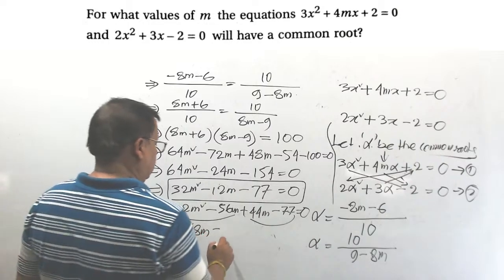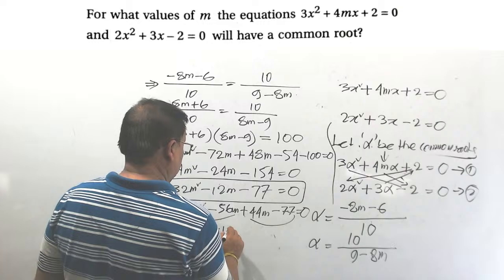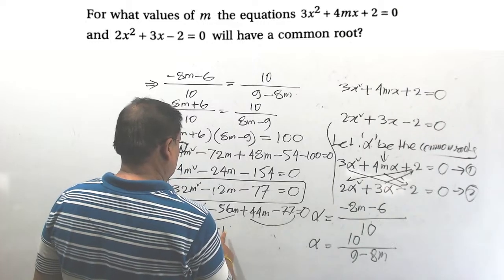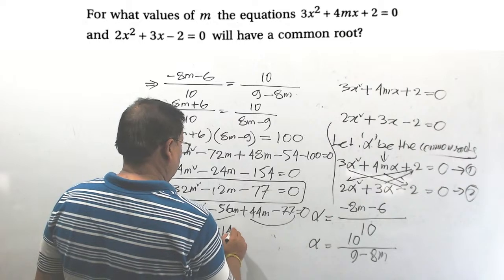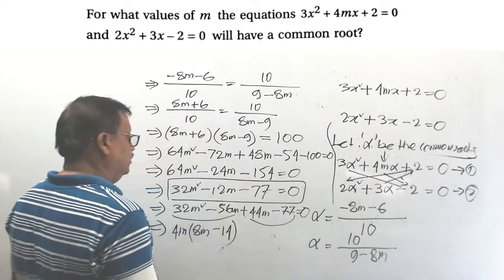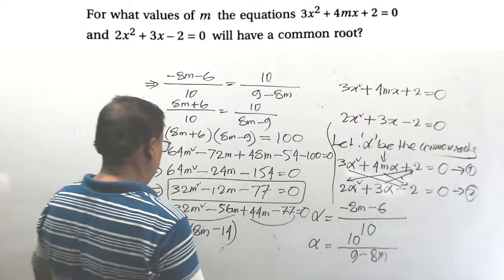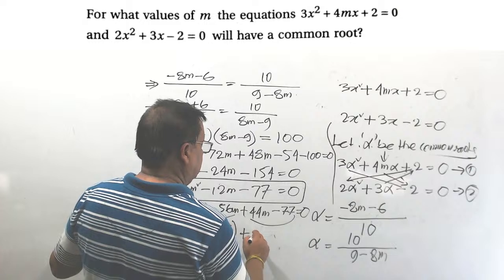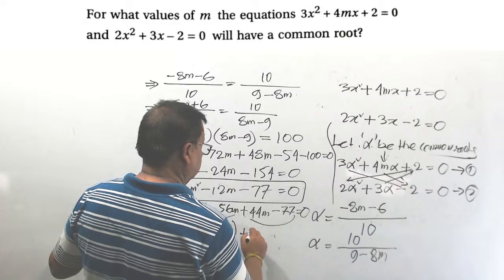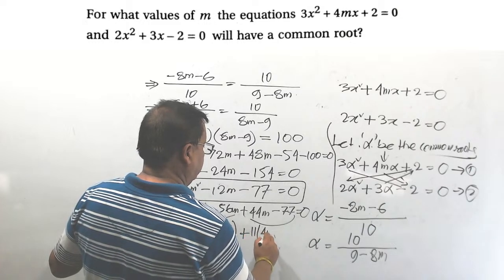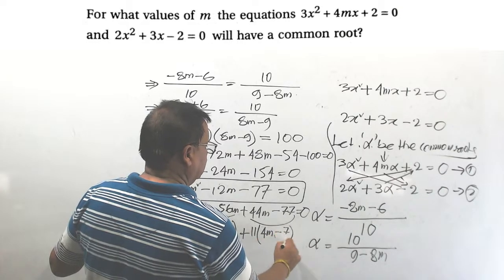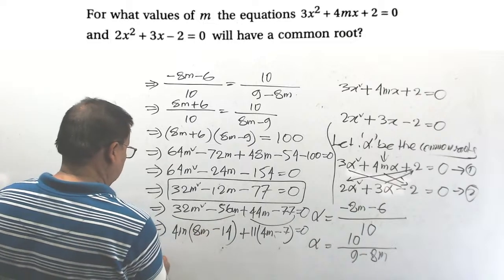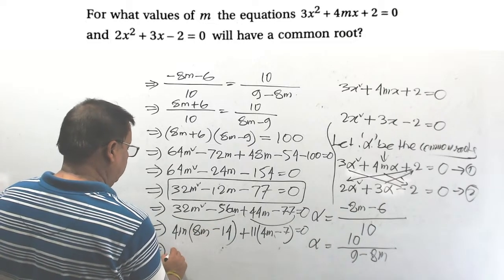Minus, plus, take 11 common. 4m minus 7 is equal to 0. Take here, it will be 8m.